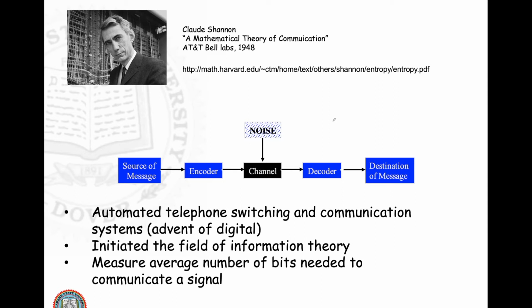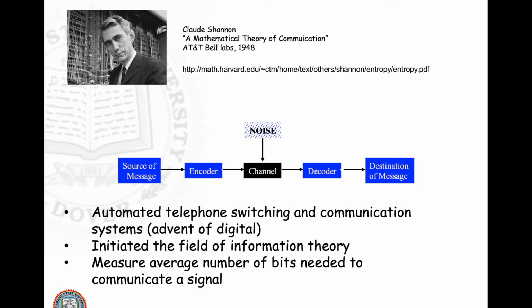Now with digital, of course, you're representing your data or voice signal as bits of information. One of the things they were interested in is, if you have different types of signals being transferred, like different frequencies of voice, how do you compactly transmit those different values, frequencies for sound, across the wire? And so it was really key.